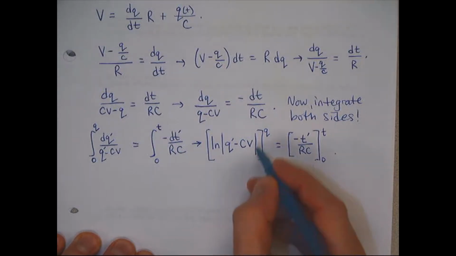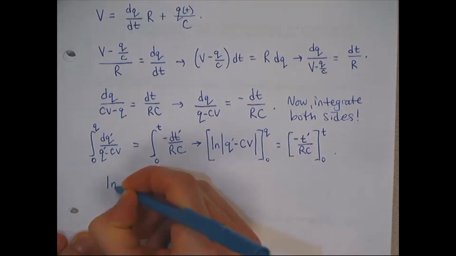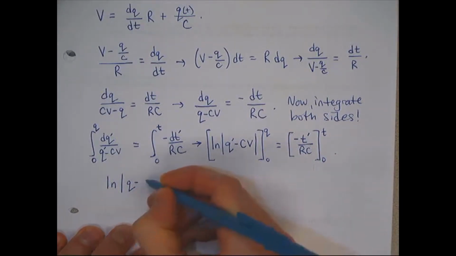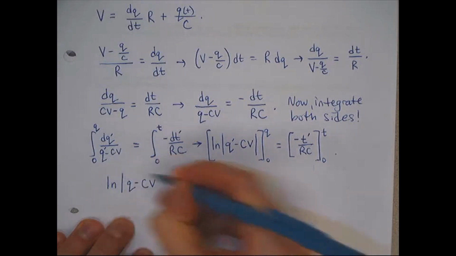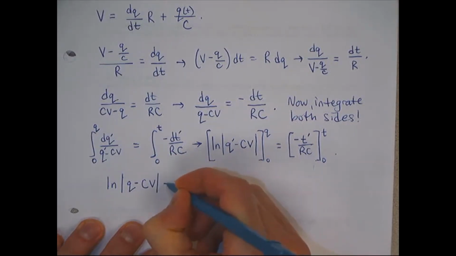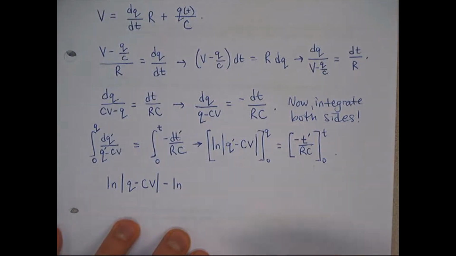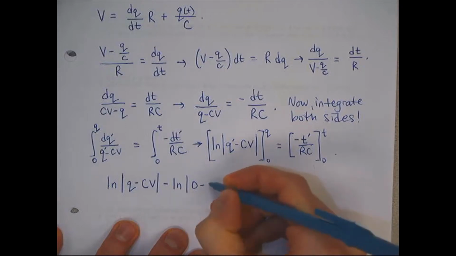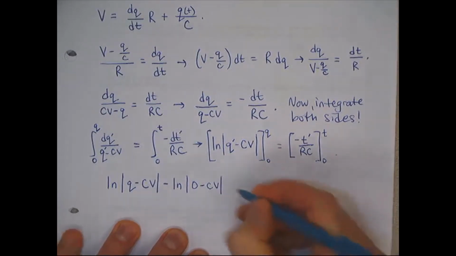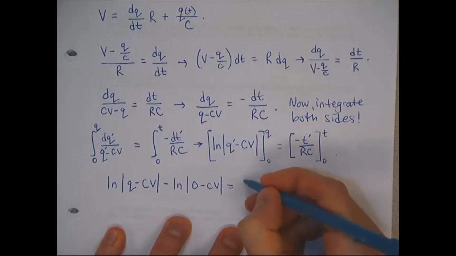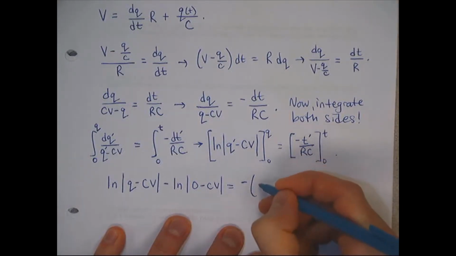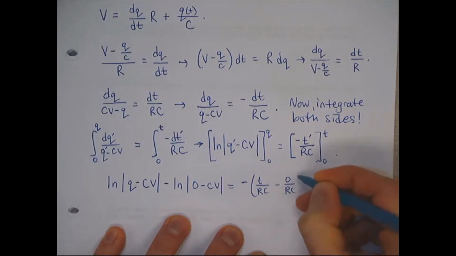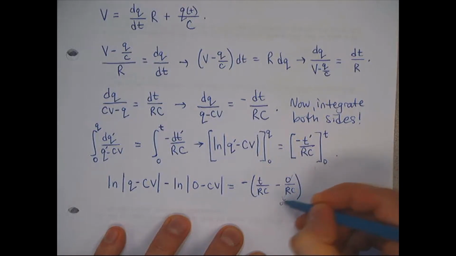We have the limits to evaluate: the natural log of Q at the upper limit, that's the charge at any time t, minus the natural log of the absolute value of 0 minus CV, equals this thing. I'll take the minus out front: t over RC minus 0 over RC. Okay, that's just 0, of course.